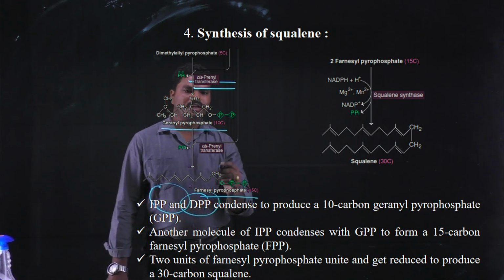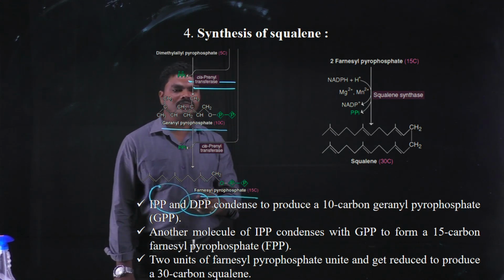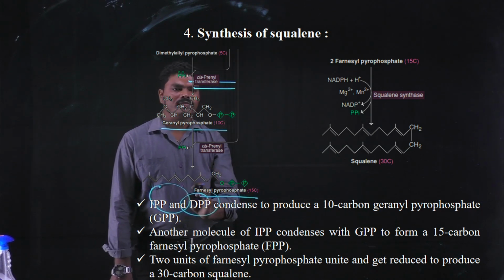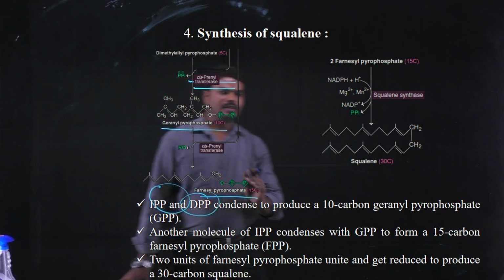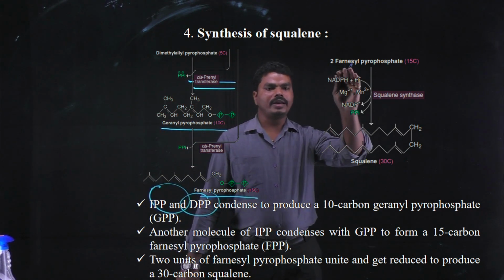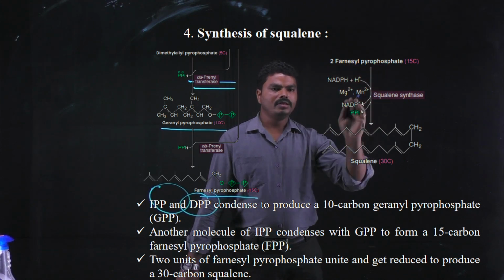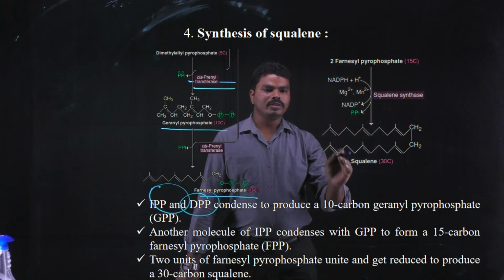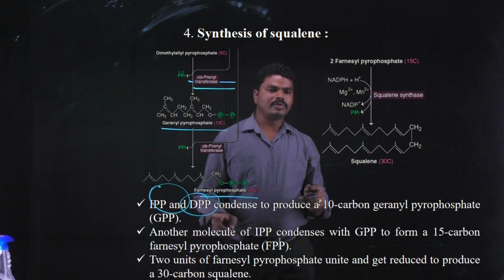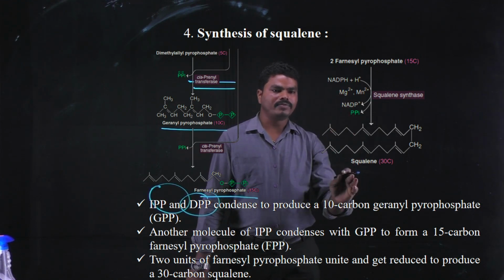This reaction is also catalyzed by cis-prenyl transferase, an enzyme that condenses the prenoid units to form farnesyl pyrophosphate. Then two molecules of farnesyl pyrophosphate are reduced to form squalene.